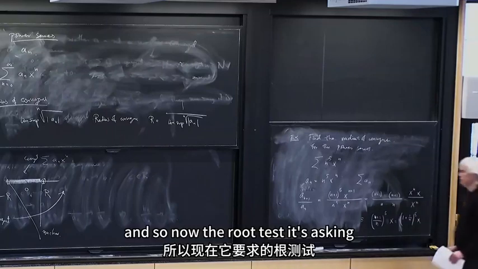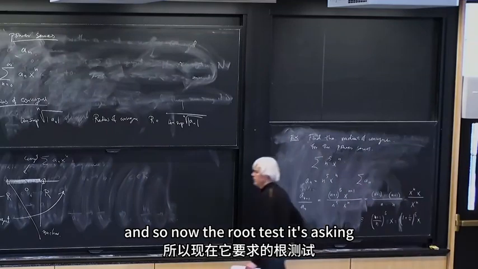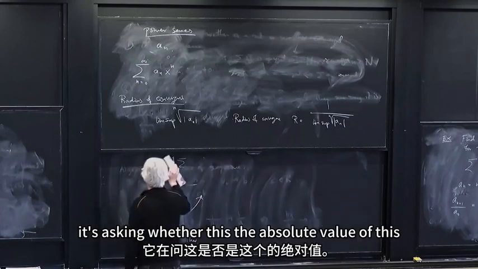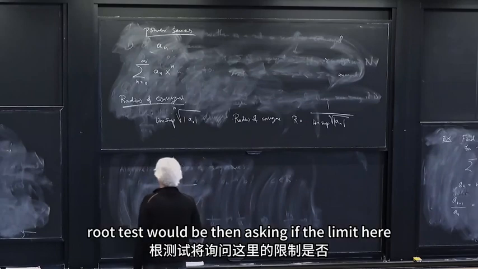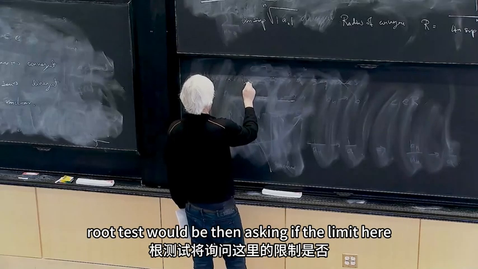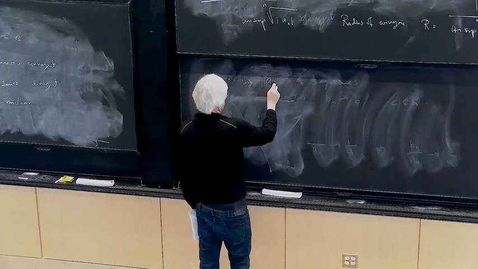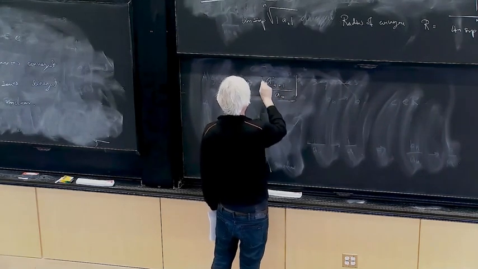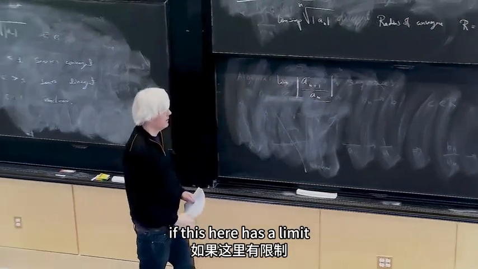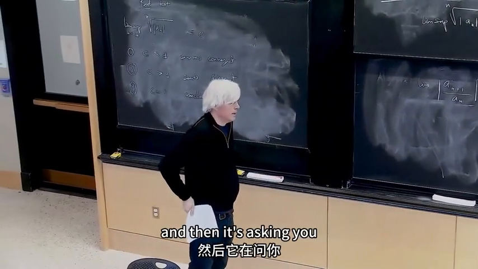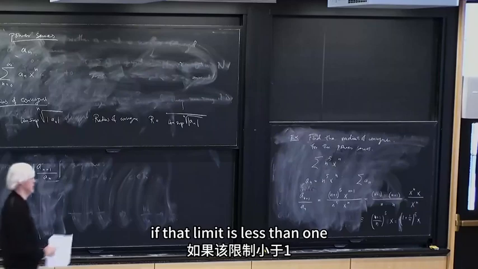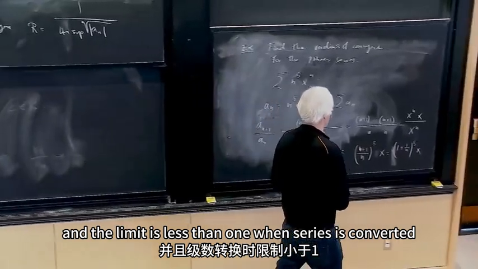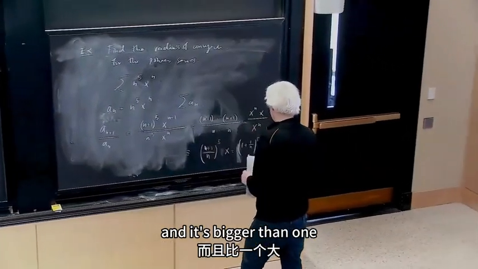Now the ratio test is asking whether the limit of the absolute value of a_(n+1) over a_n exists, and if that limit is less than 1, then the series is convergent, and it's divergent if it's bigger than 1.